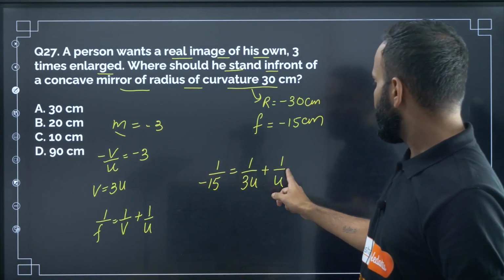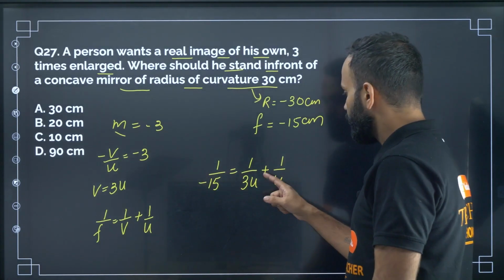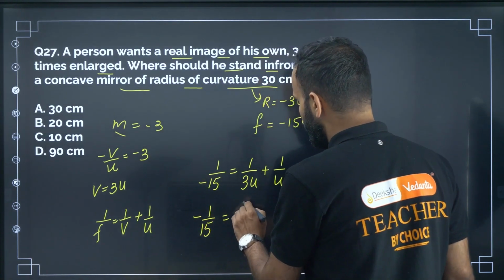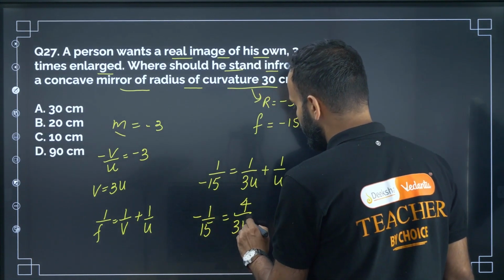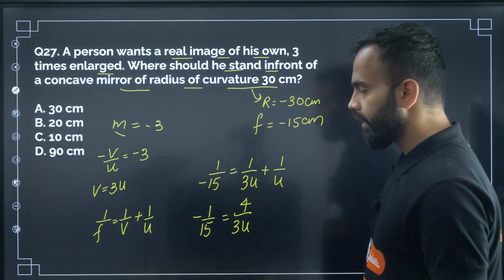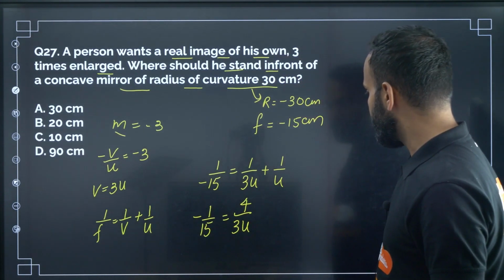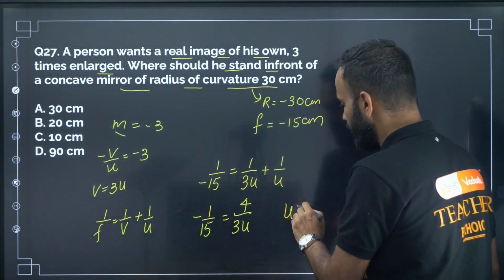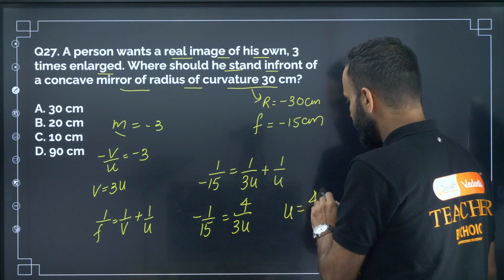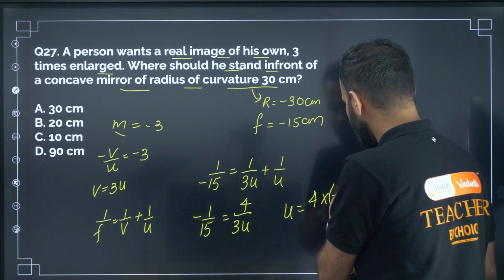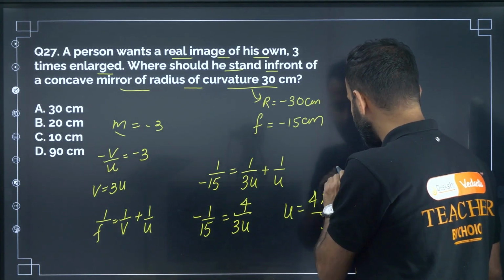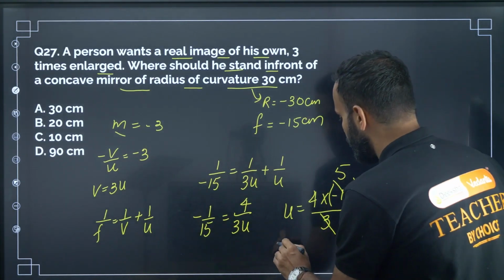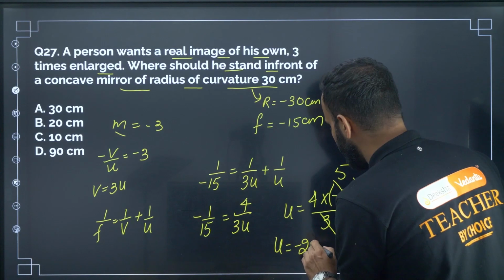Now solve this, you will get minus 1 divided by 15 is equal to 4 divided by 3u. So u equal to 4 into minus 15 divided by 3. Three 5s are 15, so it is minus 5. Minus 5 into 4 is minus 20. So u equal to minus 20 centimeter.